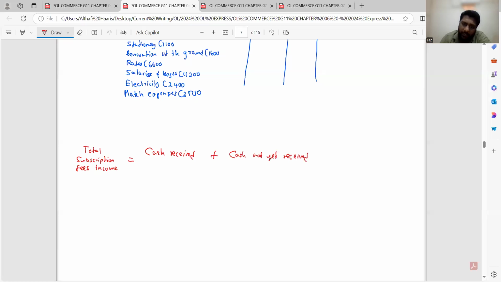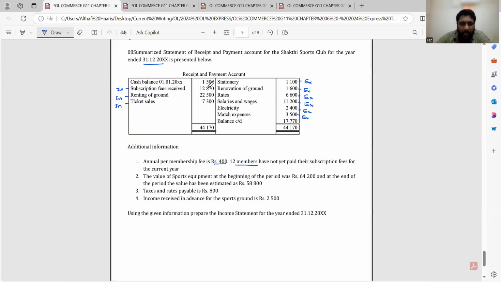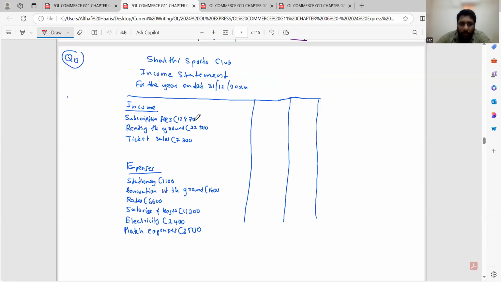Not yet received means to be received. We will receive it. So here the cash received amount is there, people. Here cash received 12,870. That's what we wrote here. 12,870.